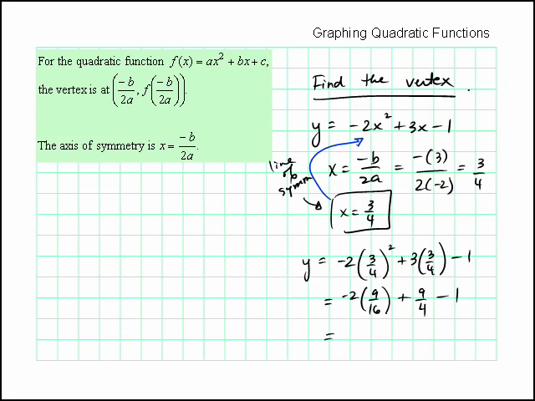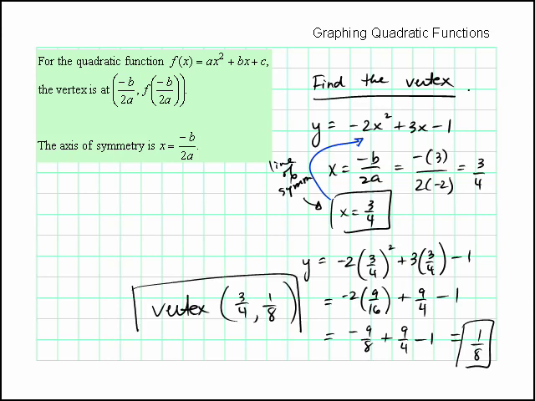And this reduces to negative 9 over 8 plus 9/4 minus 1. And if we get a common denominator for our fractions here and add all that up, we end up with 1/8 for y. And we have found the vertex of this parabola. It will be located at 3/4, 1/8. And we found the vertex using the line of symmetry.